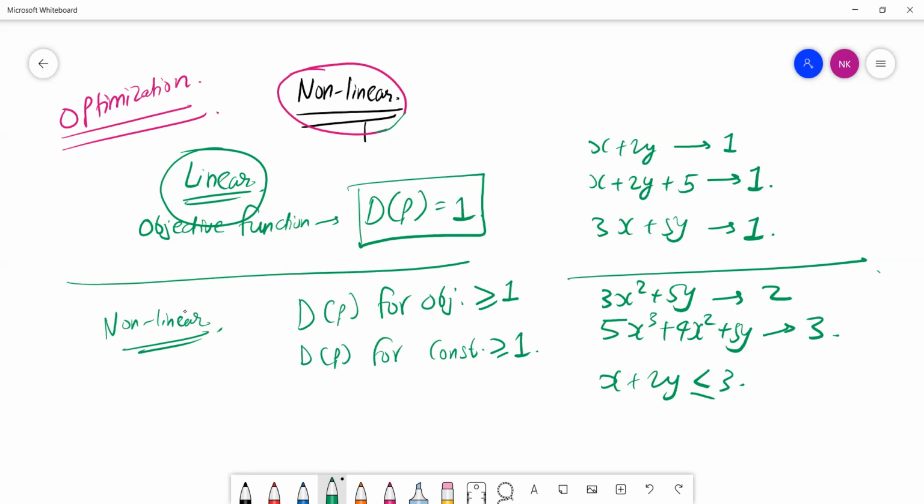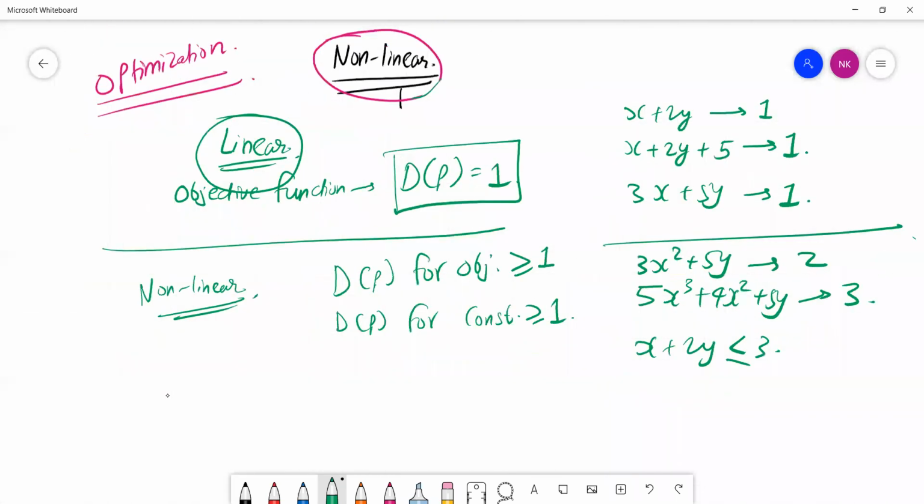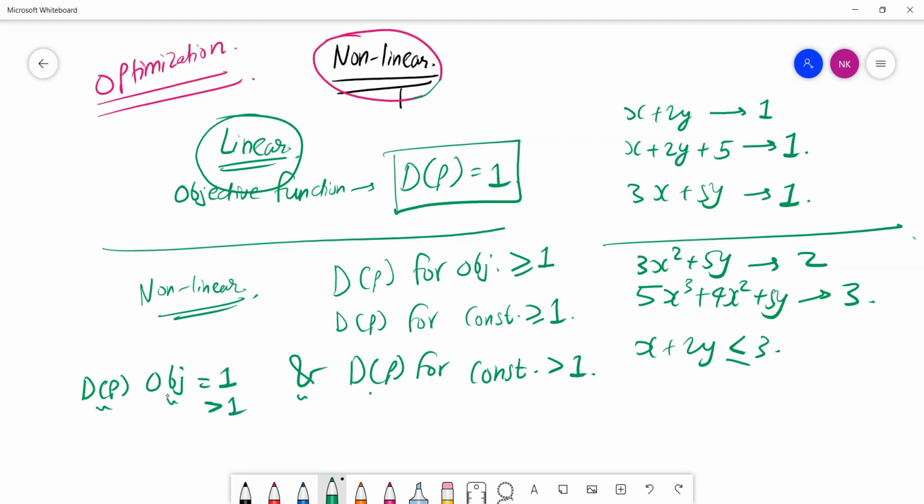Now, why have I written greater than or equal to in both? It doesn't really mean that both should be greater than 1. You can even have the degree of polynomial of the objective function equal to 1 and the degree of polynomial for the constraint greater than 1, or the degree of polynomial of the objective function greater than 1 and the degree of polynomial for the constraint equal to 1.